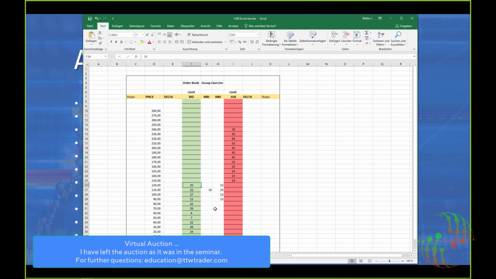Who is willing to sell into the 120? There are 35 buyers waiting at 120. Who is willing to sell into the 120 bid? No one? Last call. Is anyone willing to trade 130 or 120? No one?